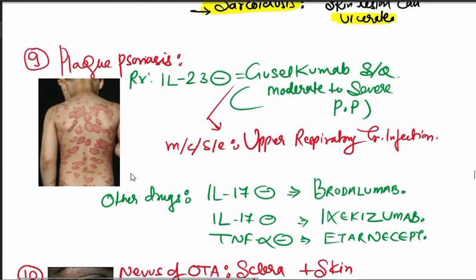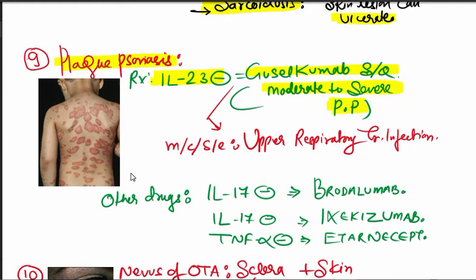Okay, this condition is plaque psoriasis, and in plaque psoriasis, an interleukin 23 inhibitor can be used. The name is guselkumab. It is given subcutaneously, and this is used in moderate to severe plaque psoriasis.